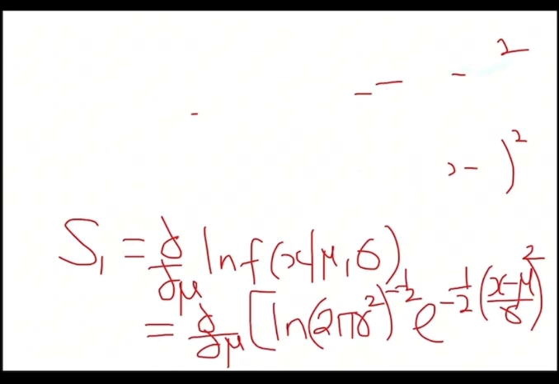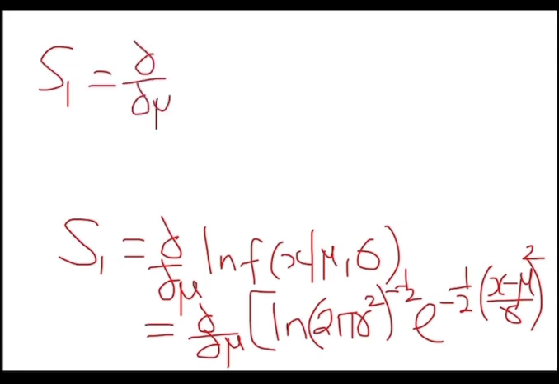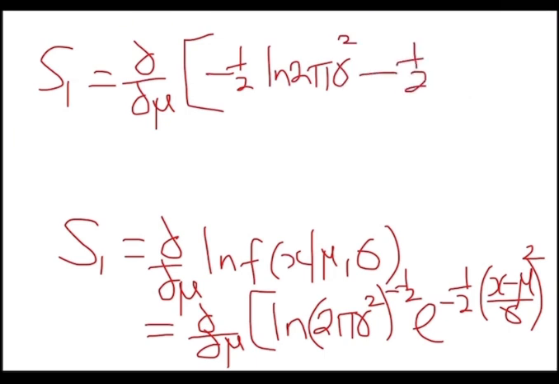So for the first score function, d mu, that's going to be negative half ln 2 pi sigma squared minus half, x minus mu squared over sigma squared.